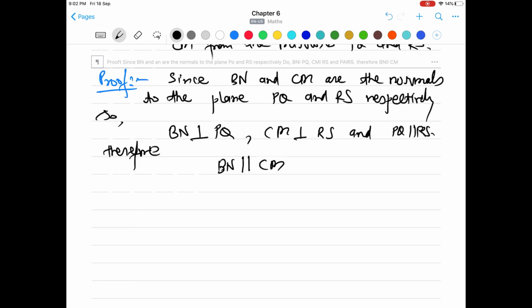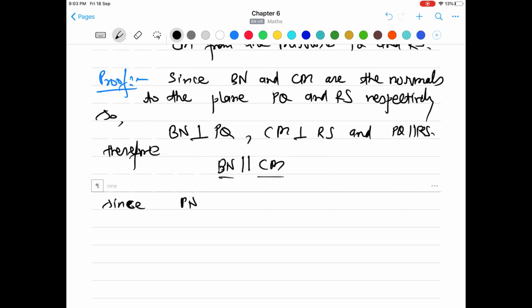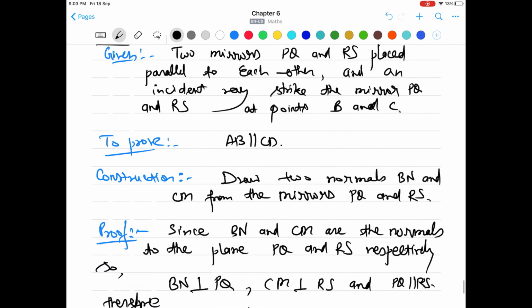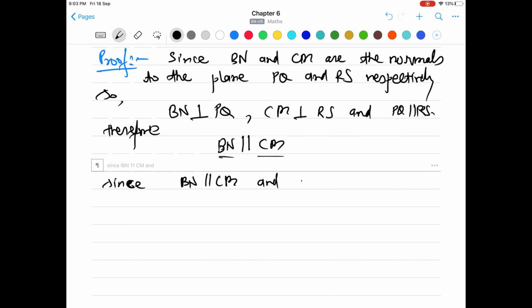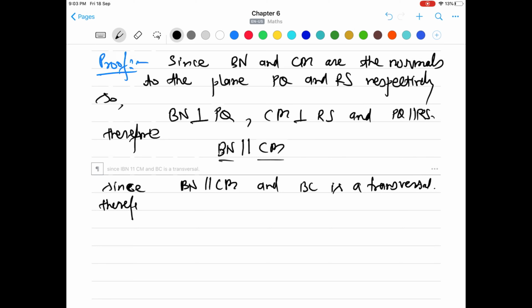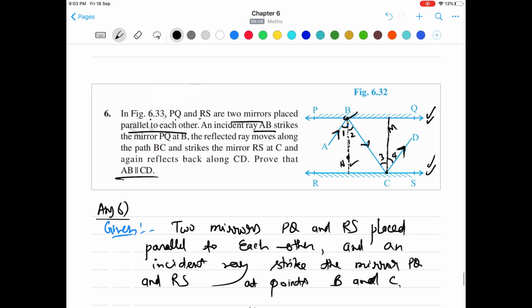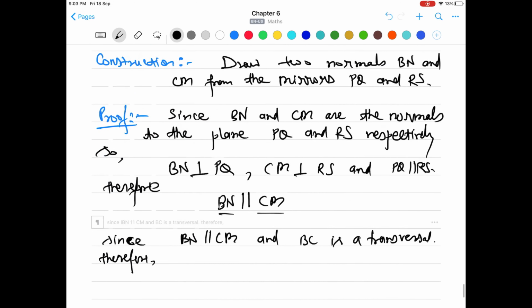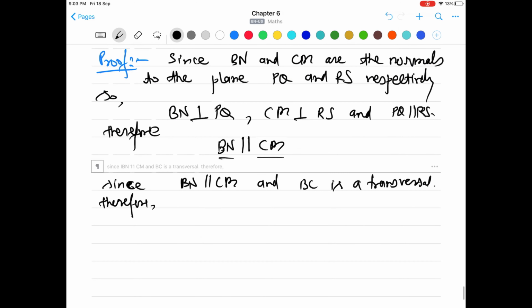So since BN and CM are parallel, and this ray BC is a transversal, therefore the alternate interior angles, angle 2 and angle 3, have to be equal.